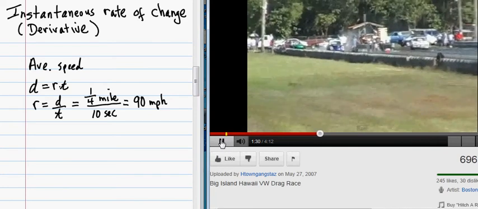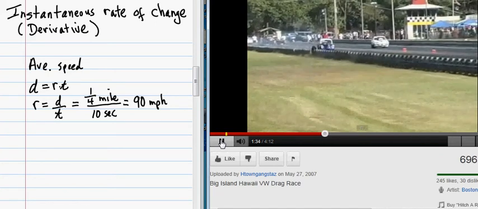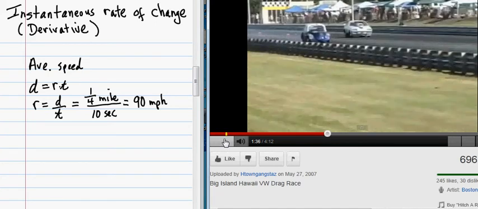So here is the car starting off, and it's coming to a certain spot, and we're going to freeze it right there. Okay. We really want to know what is the speed of that car right at that moment, frozen in time.